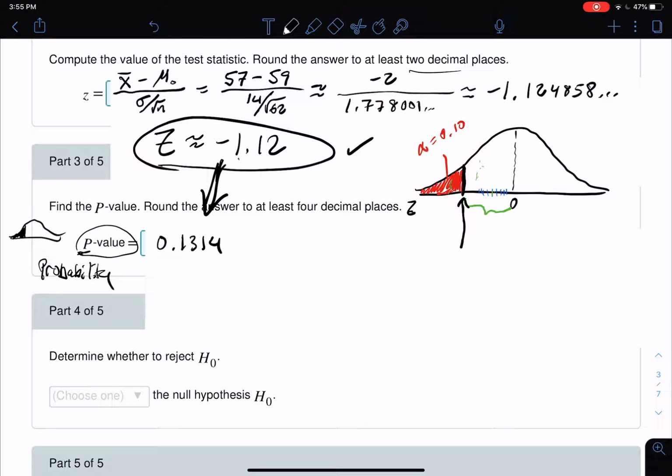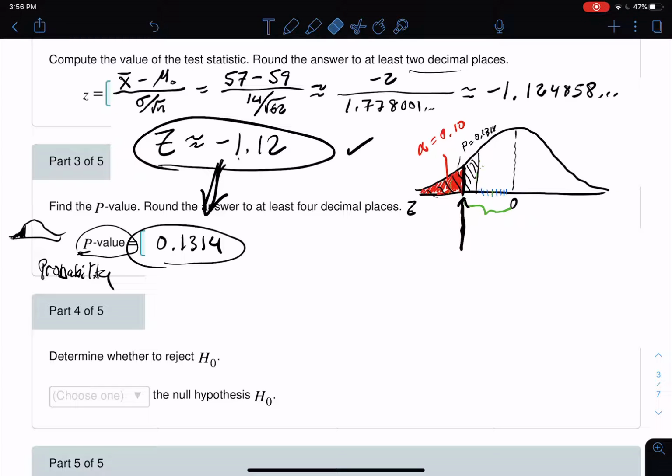And it's not about the critical z value now. It's about the area. And we just found out that the p-value, which is the area, is approximately 13%. Well, that's definitely bigger than 10%. So if I was going to draw the p-value in here, a lot of times they don't do this, but this p-value is 0.13, or 0.1314.